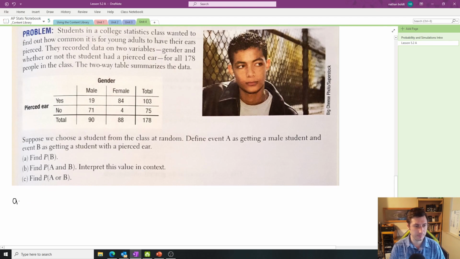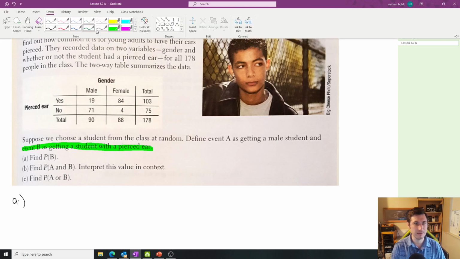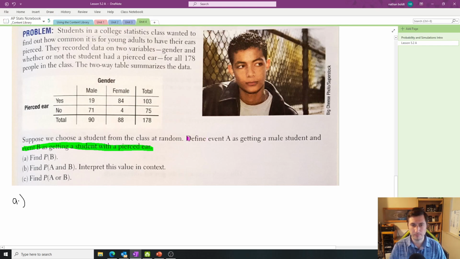So A, find the probability of event B. All right, event B is getting a student with a pierced ear, and event A is a male student. So picking a male student is event A. So we first just want the probability of B. What is the probability of getting a student with a pierced ear?